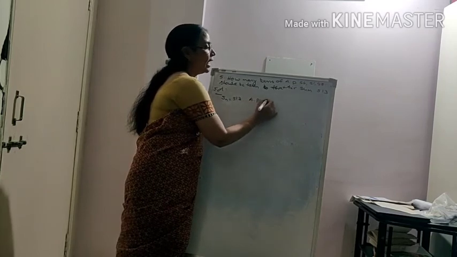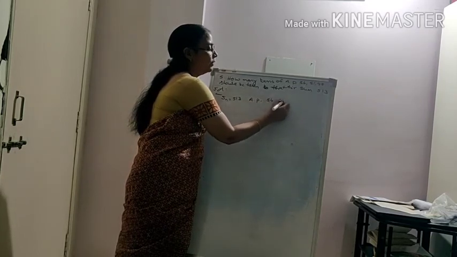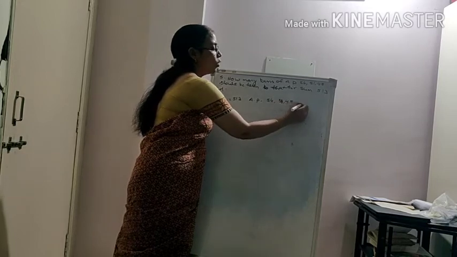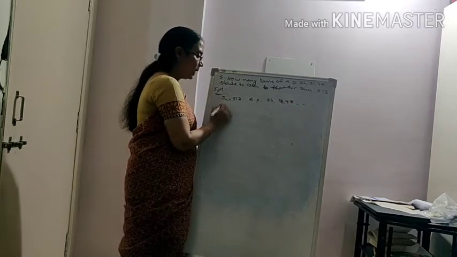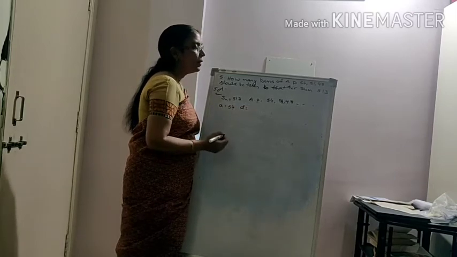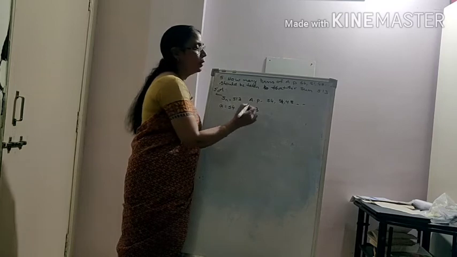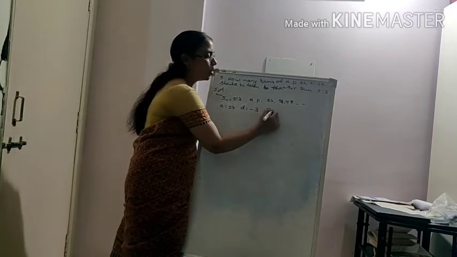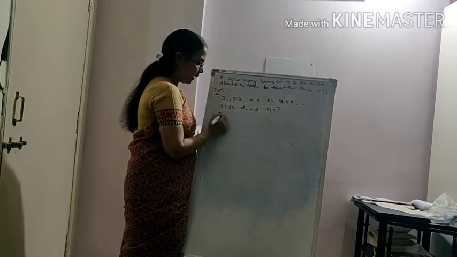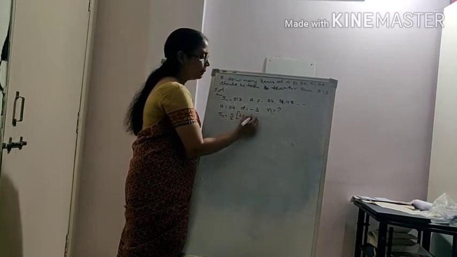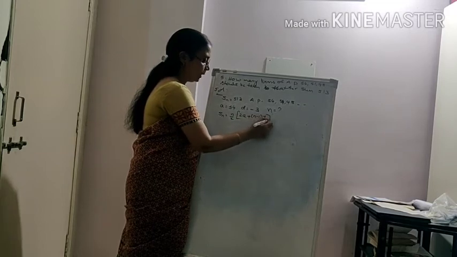The AP is given as 54, 51, 48 and so on. From this, a is 54 and d is 51 minus 54, which is minus 3. Now we have to find n. We don't know what n is. We know the formula: Sn is equal to n by 2 into 2a plus n minus 1 into d.